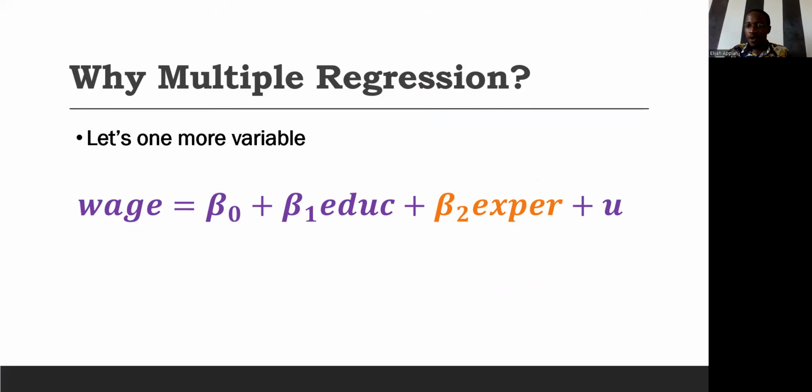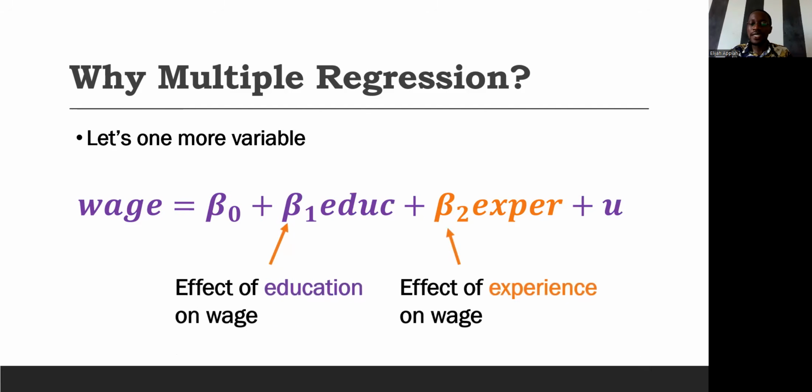But we are adding one more variable, which is experience. So we are saying that education and experience will have an influence on the wage. Beta one would be the slope coefficient for education, the effect of education on wage, and beta two would be the slope coefficient for experience.